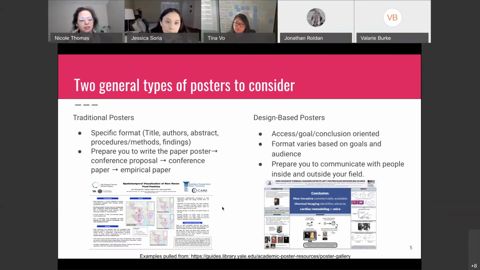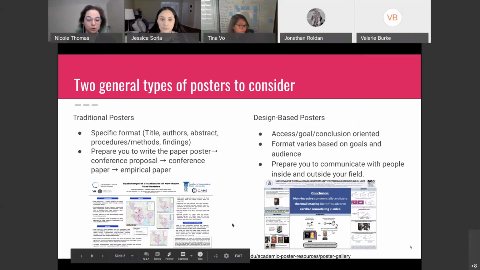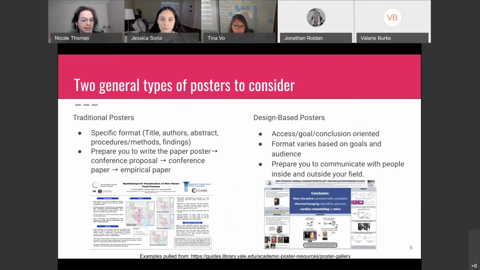So in order to prepare for writing a traditional poster, you basically start off with these sections of your research. You go through all of your different sections in terms of introductions, what your methods or plans were, any data you may have collected, any charts you want to include, tables. All of that information is really good to include on a poster because that will allow people to actually visualize the data that you're speaking about.